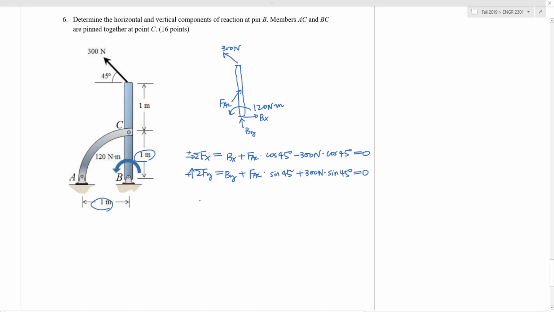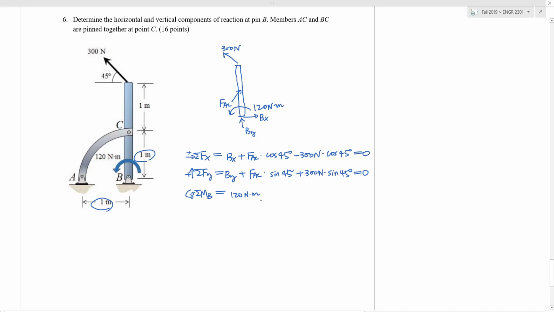All right, lastly, we can sum the moments about point B. BX and BY don't have moment about point B. We have the applied positive 120 Newton meter couple moment.